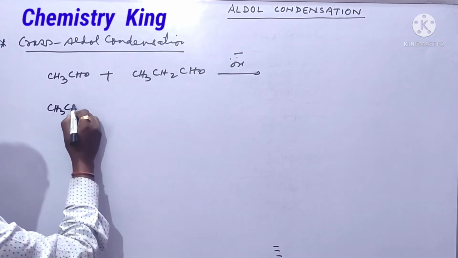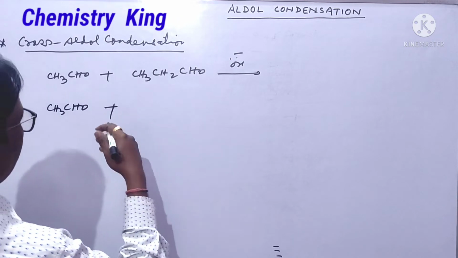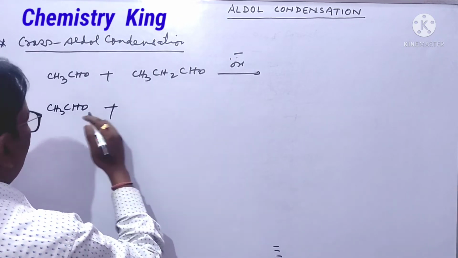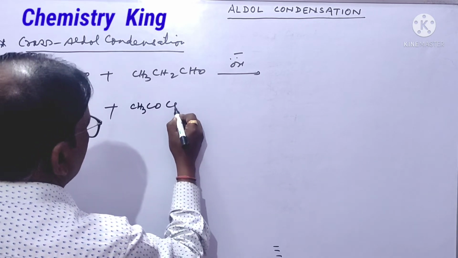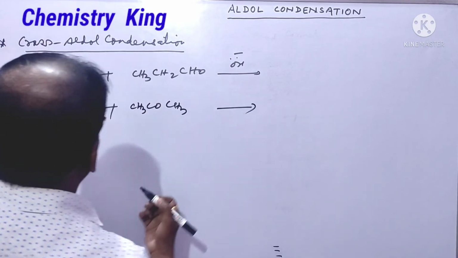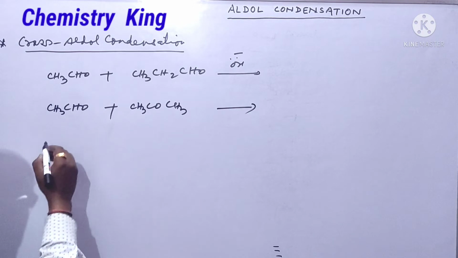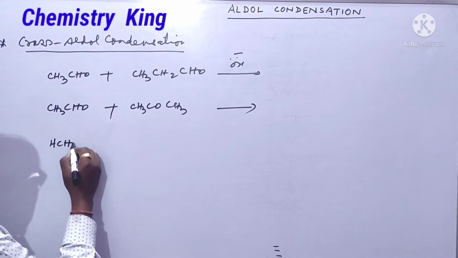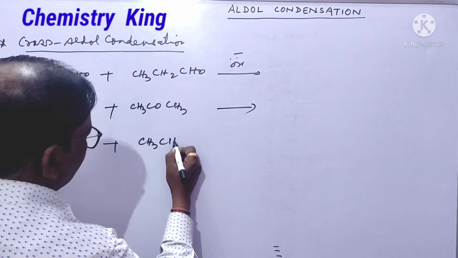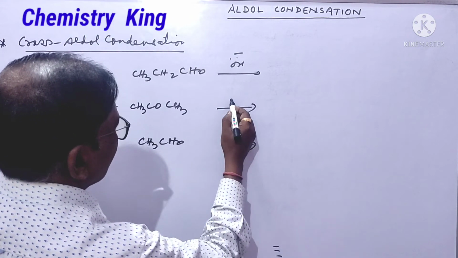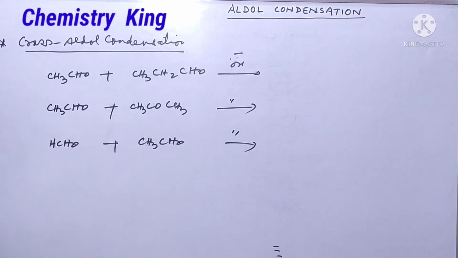Suppose it is acetaldehyde, two different ketones, one aldehyde, one ketone: acetaldehyde and acetone. Okay? It is formaldehyde and it is acetaldehyde. All these are examples of cross-aldol condensation.